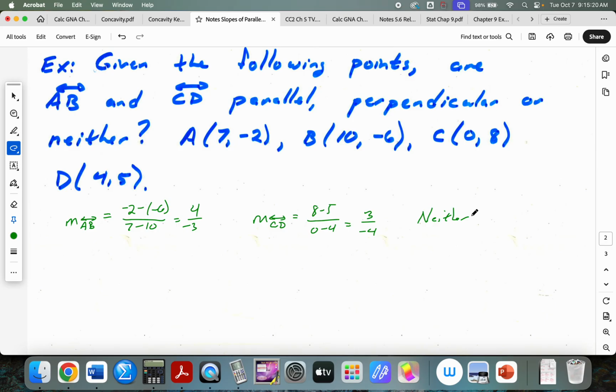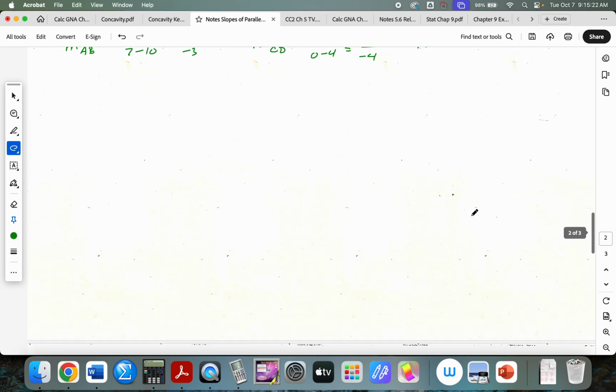Remember, it has to be both. All right, let's go on to page 3.